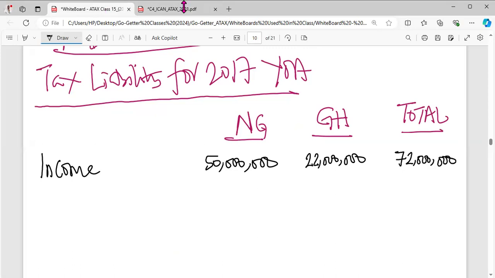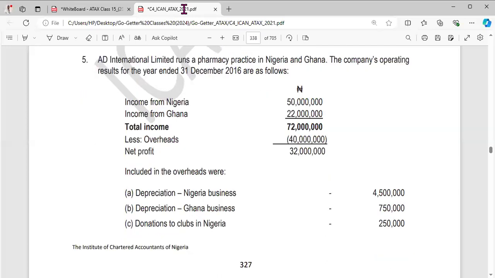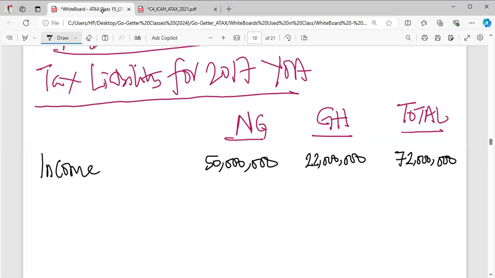Then the next thing is overheads. Now, overheads include depreciation. Overheads is 40 million. So let's look at depreciation.